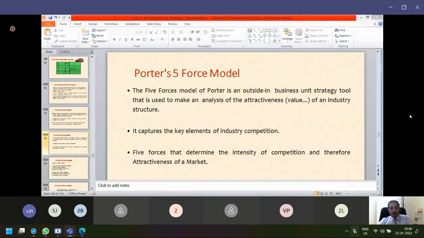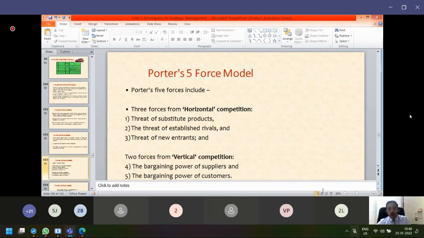So these 5 forces will help find out the intensity of competition, the type of competition, how it is impacting the operations of a particular company, and whether it is attractive or unattractive for doing business in that industry. That can be studied through Porter's 5 force model.